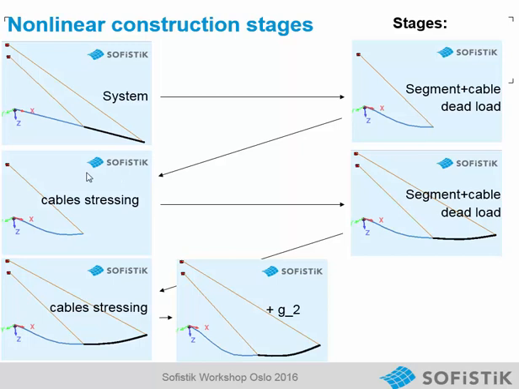Then as a scalable load case we can stress the cable or shorten the cable. In the next step we add the next segment and the next cable dead load, and we stress or shorten the next cable. Then we add additional dead load.